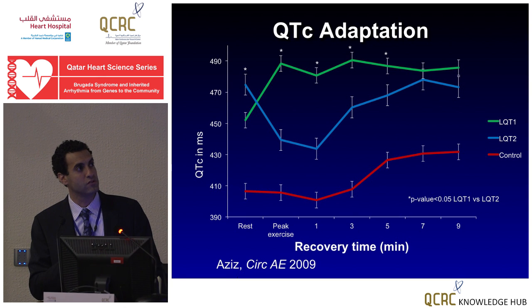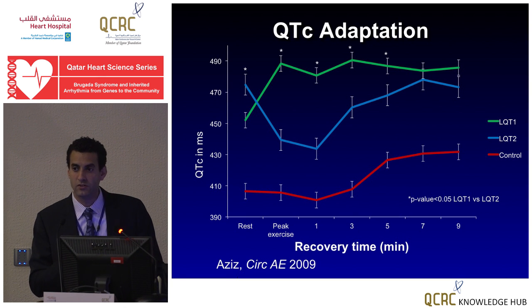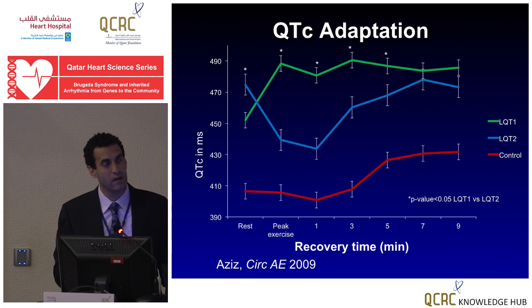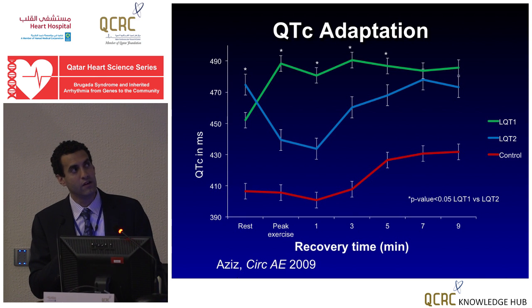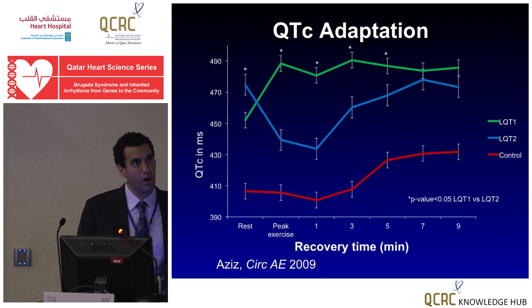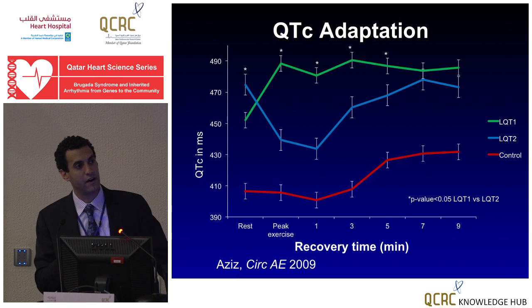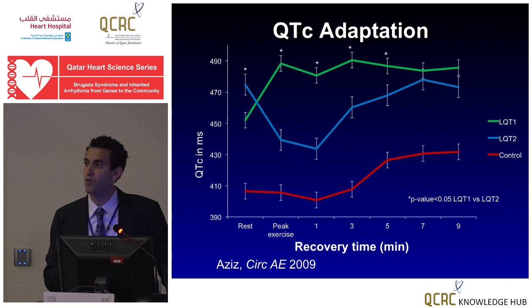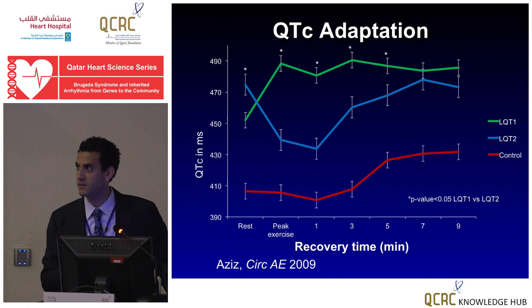Long QT2 patients, on the other hand, will shorten just like the control population will. However, late in recovery, they'll begin to show QTC abnormalities that are similar to their baselines. What we showed in this paper is that a QTC value at 7-minute recovery of more than 460 is a relatively good sensitivity and specificity test for long QT1 or long QT2.